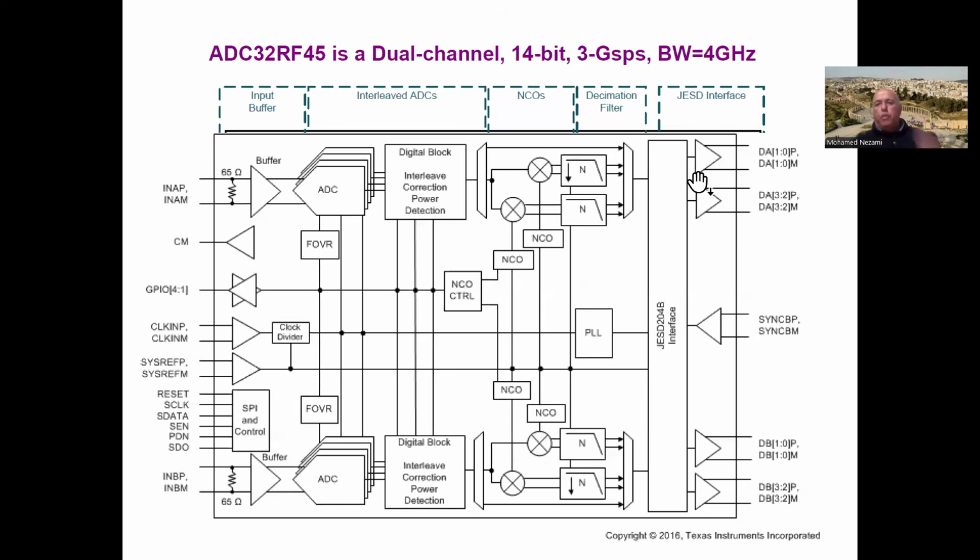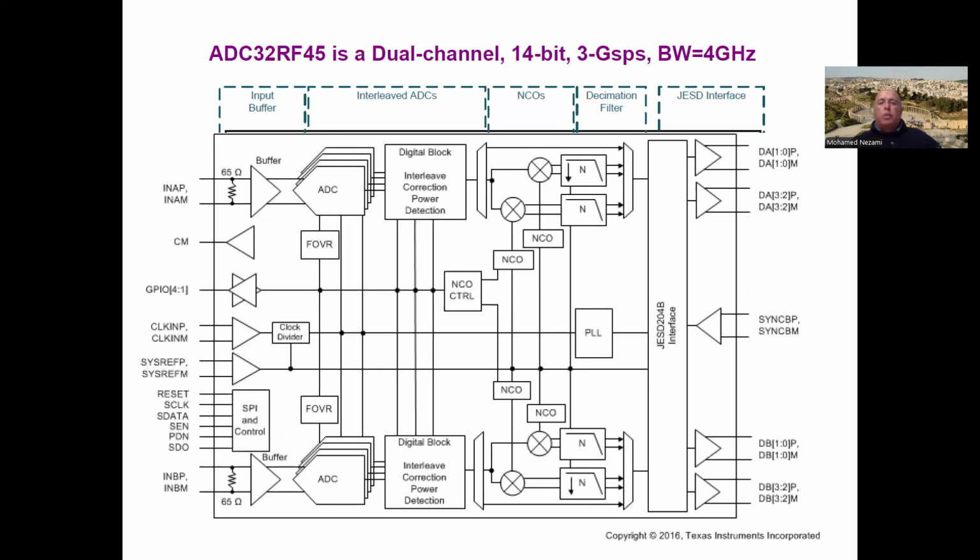Right after that, we need to simultaneously filter and decimate because we are oversampling. This is gigasamples per second, and we're trying to recover a bandwidth on the order of hundreds of megahertz at most.